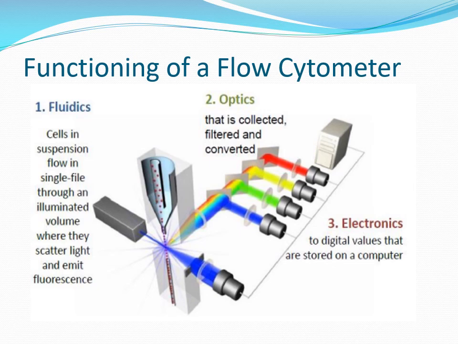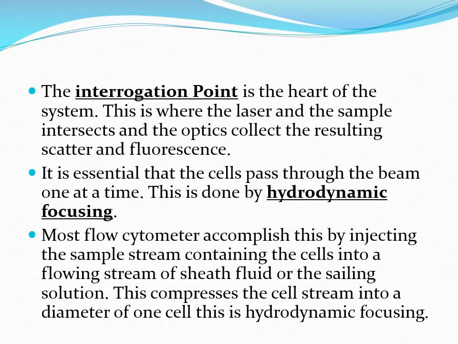Then the optics collects the scattered beams and filters them on the basis of the different wavelengths, and this is detected as voltage. This voltage is then converted to digital signals by the electronics, and then stored in the computer system for further use and analysis.